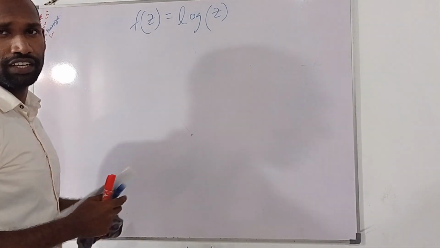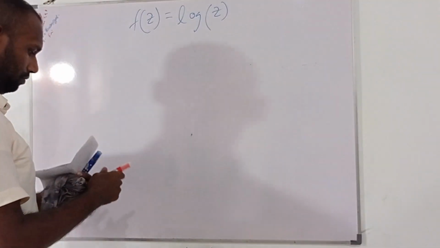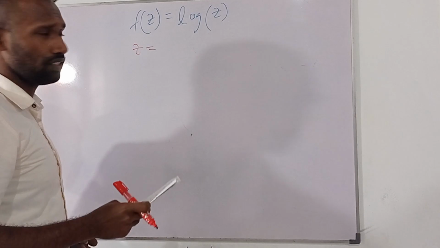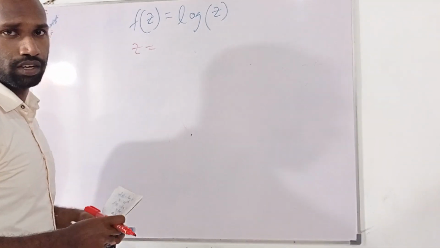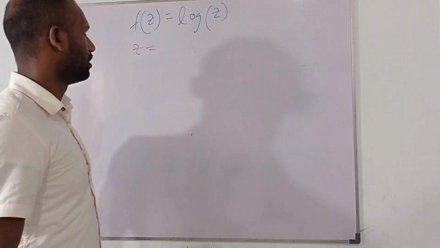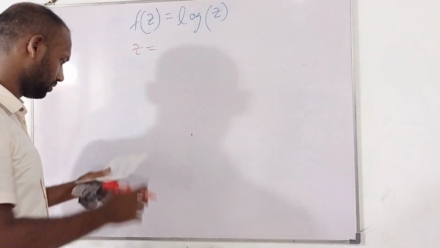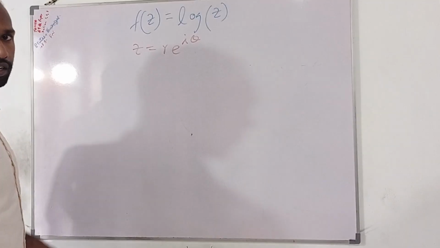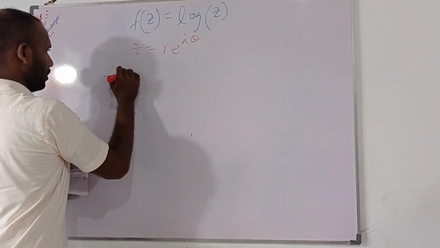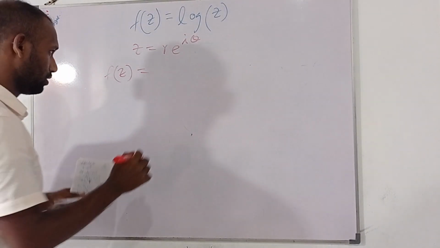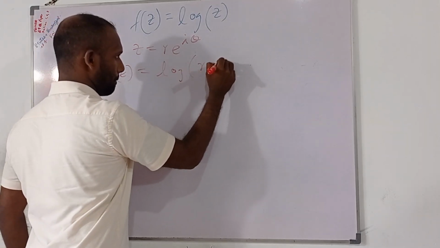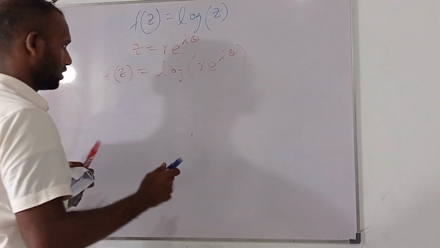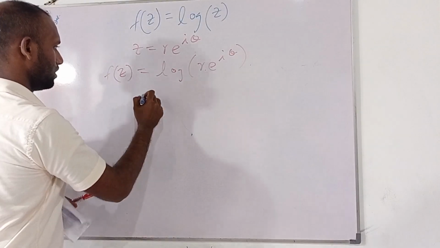So f(z) equals log z. In these problems, we take the polar form of z. So z equals r e to the power i theta. So f(z) equals, so this is a multiplication.